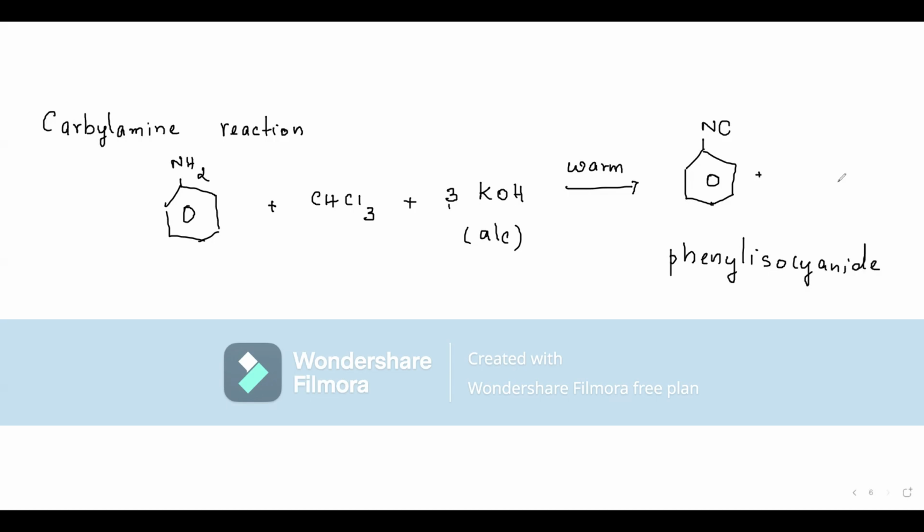Along with phenyl isocyanide, you will get KCl and water. So that is the carbylamine reaction, exclusive reaction of all primary amines. Every isocyanide will have a terrible or a foul smell. So that is the method to identify them.